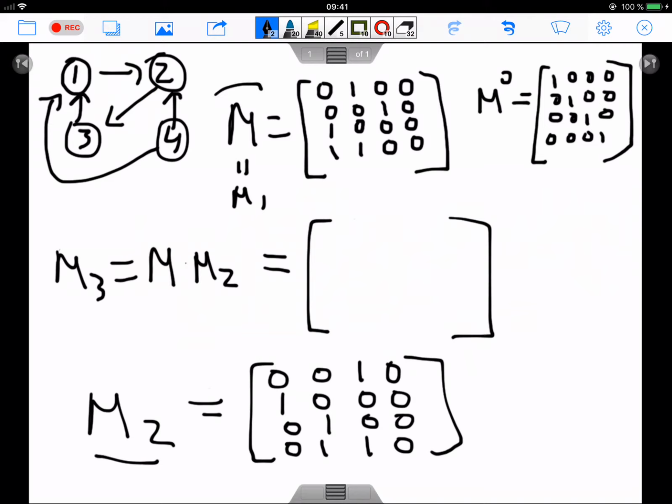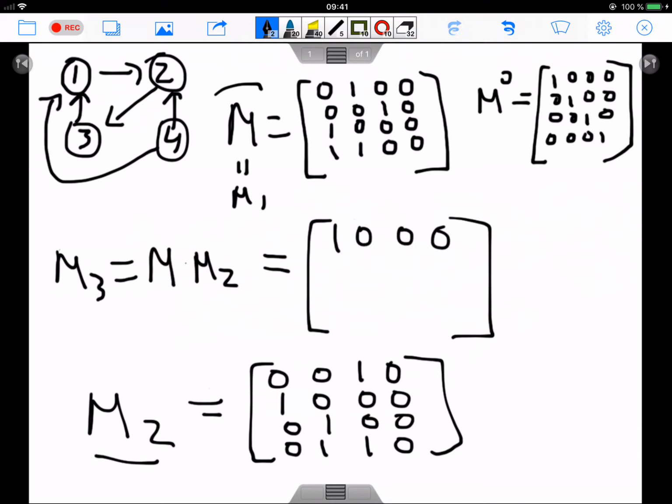So we are going to first select the second row of M2. We have a 1 here in this position, and that means that we need to select the second row in this matrix. So we are going to write here 1 0 0 0.